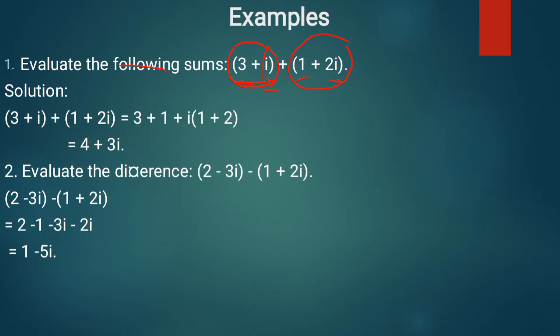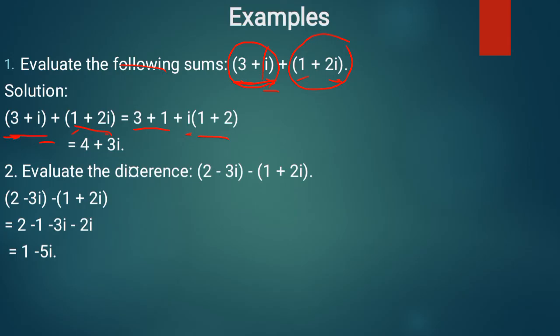So let's see the solution. We brought the first complex number and the second complex number. We added the real part, 3 plus 1, and we added the imaginary part. Though there is no 1 here, like I said before, the 1 is just beside the i, not written out. So we added 1 plus 2, and the i is just outside because it's common to both of them. They're the imaginary part.